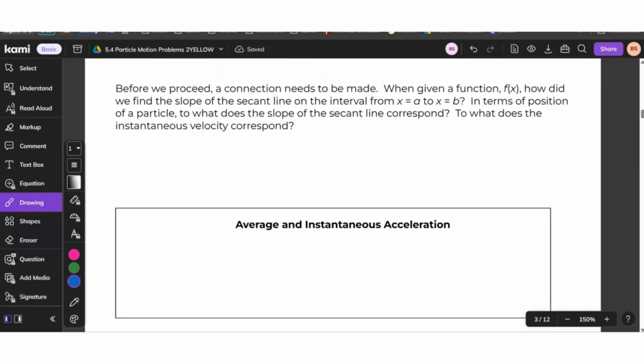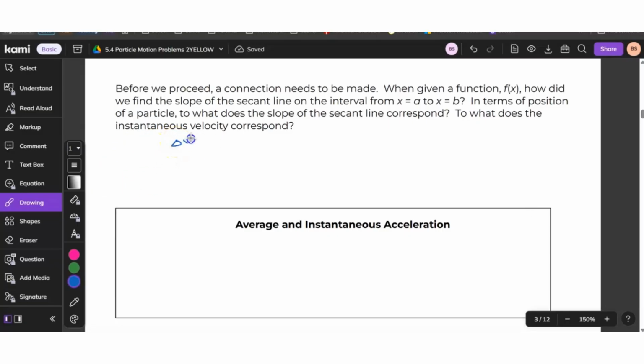Excellent. All right. Before we continue, we need to make a connection. How did we find the slope of a secant line on the interval from A to B? Delta y over delta x, right? So it was just like the slope of the secant.